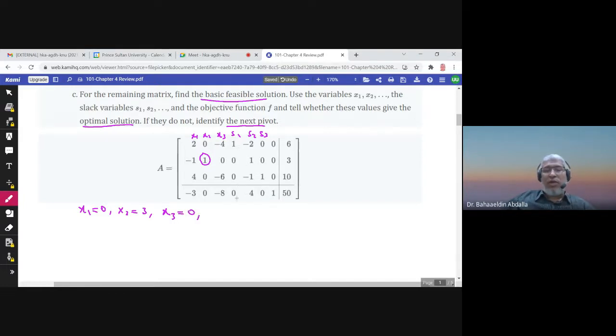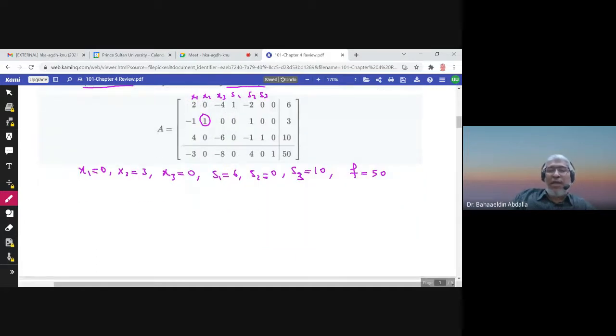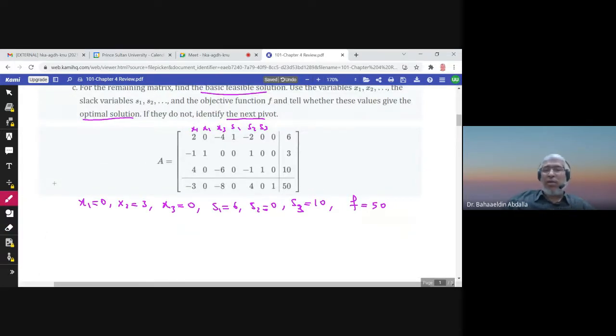And s1 is 6. s2 is not basic, so we put it 0. s3 is basic and its value is 10. And the value of f is 50. And it is not a final matrix, not optimal. The solution is not optimal. So he said, is the solution optimal? No, it is not optimal.